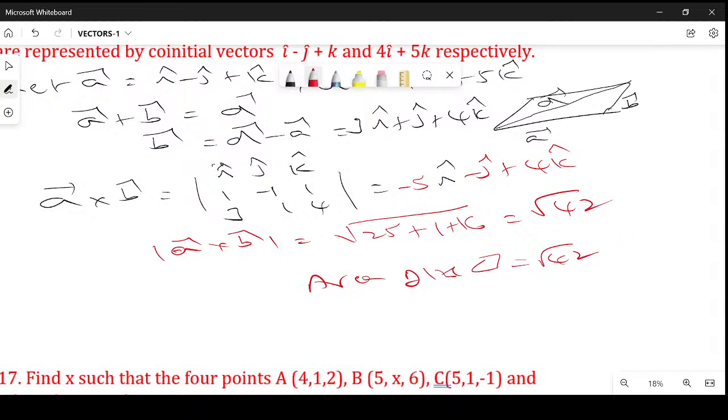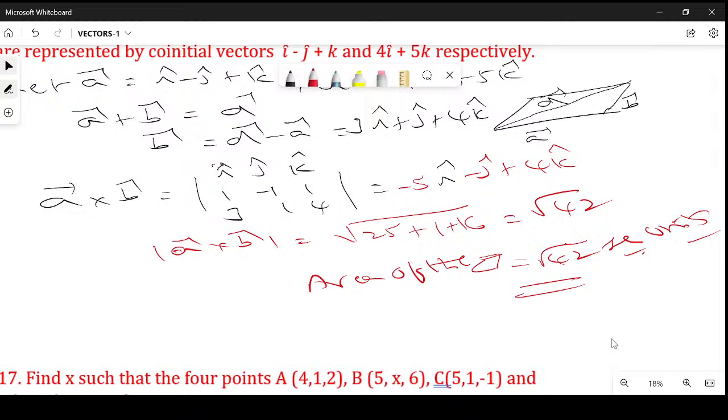This is a simple problem. Area of the parallelogram equal to root 42 square units. Simple problem. I will explain another 3-4 problems.